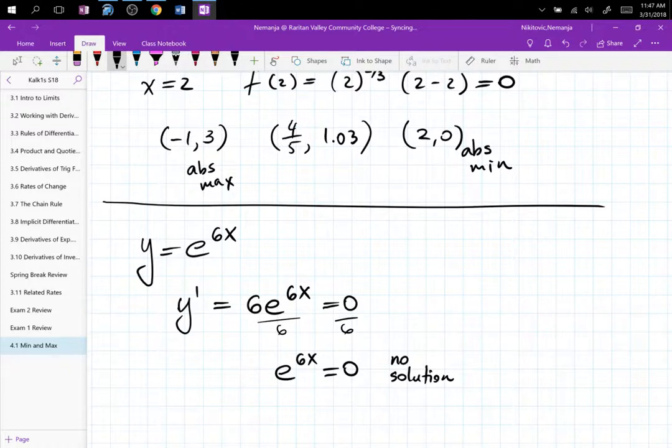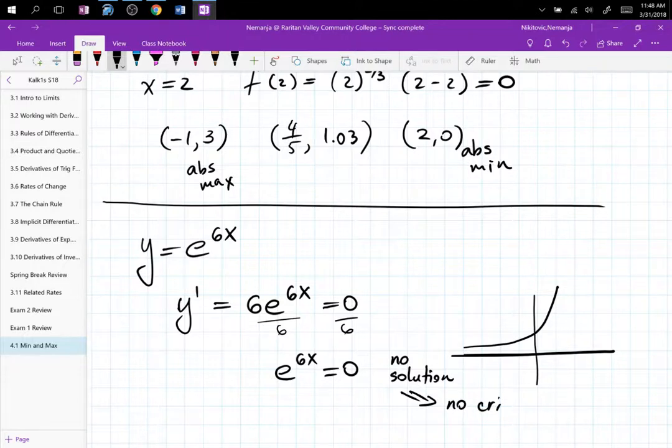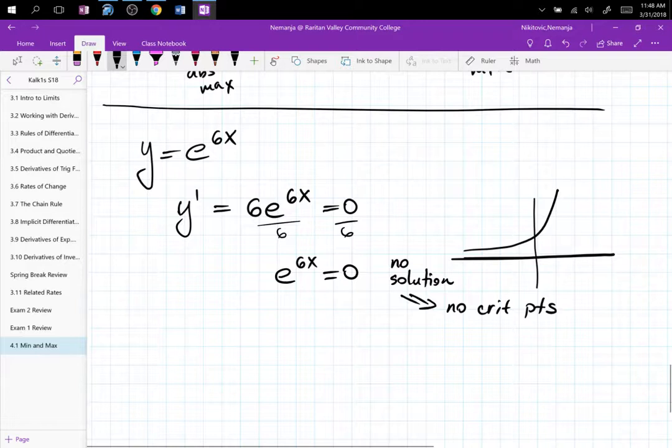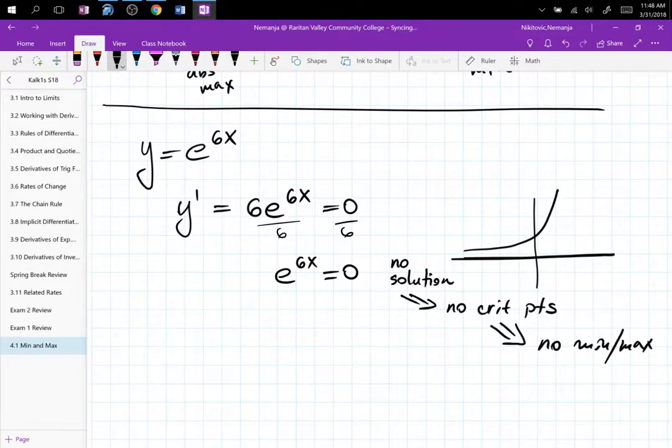To solve an equation, you have to make 2 lines intersect, and their intersection is the solution. Well, if I draw e to the x, and I draw y equals 0, these 2 lines never intersect. So there is no solution, which means no crit points, which further means no min max.